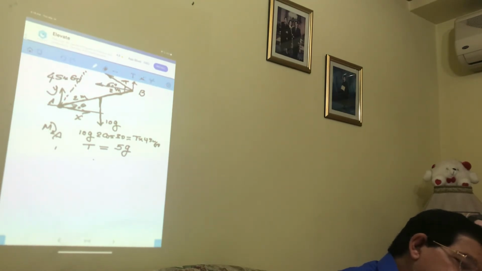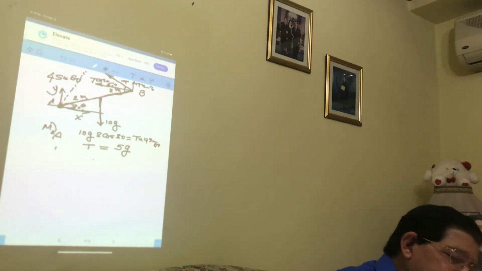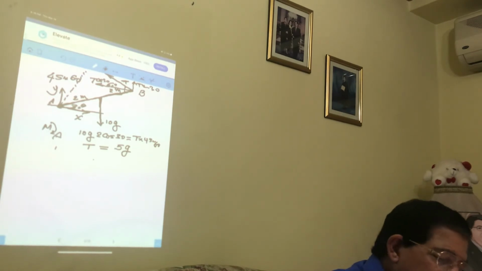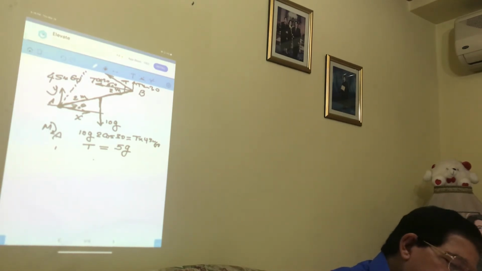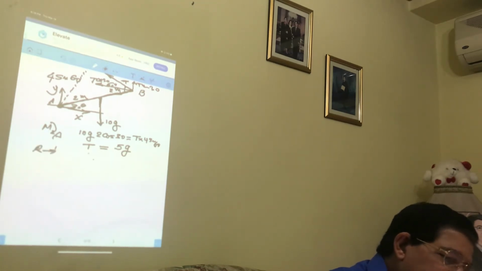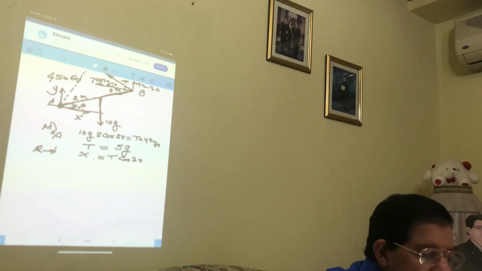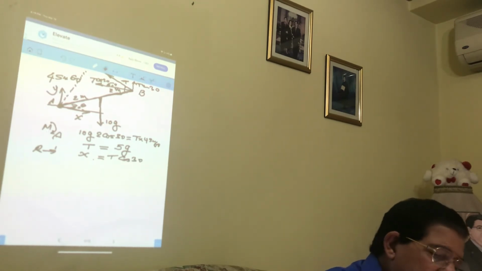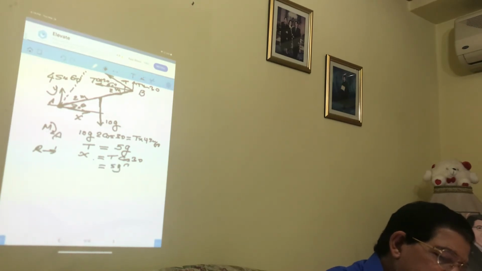This angle is 30, but this is T cosine 30 and this is T sine 30. Resolving horizontally, we have X equal to T cosine 30, which is 5g cosine 30.